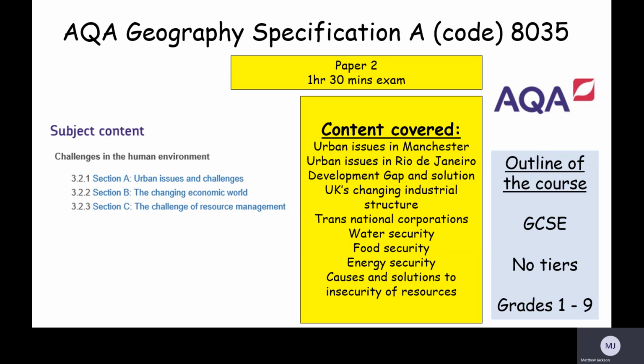We look at water security and food security and energy security. So how much water and food do we have, and where do we get it from, and what allows us to have this, and what problems does that cause elsewhere? And we look at the solutions and causes to those insecurities of resources.